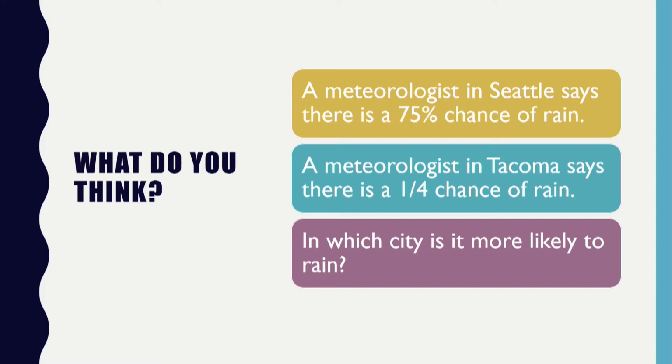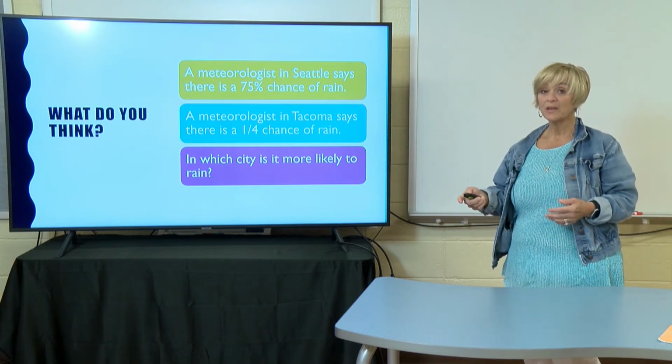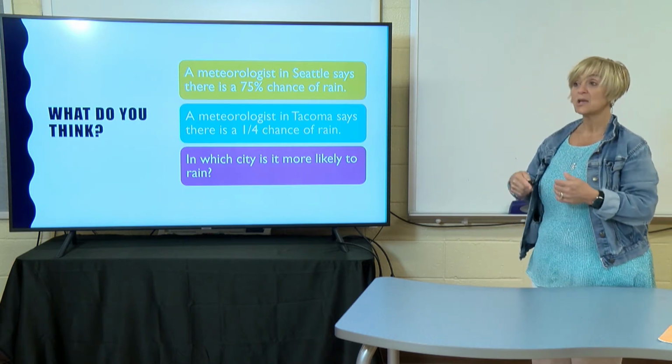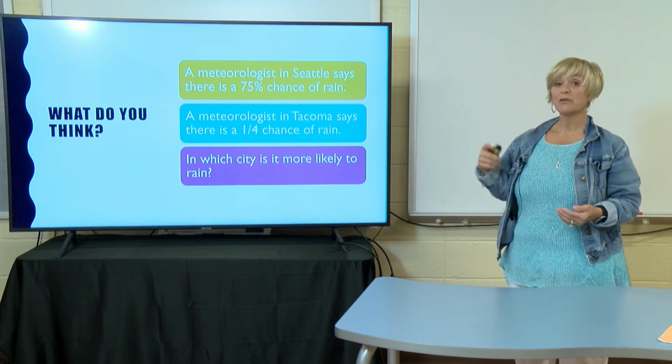Now, if you remember, back on our number line, more likely was the same thing as 3/4 or 75%. So if you chose Seattle as the answer, you are correct because Seattle has a 3 out of 4 chance of raining today. They have a higher chance of rain than Tacoma does.